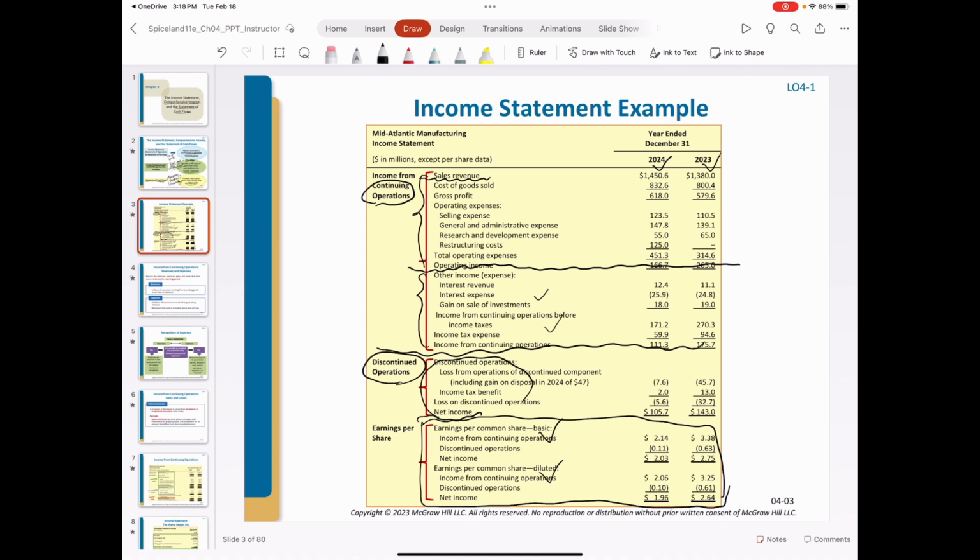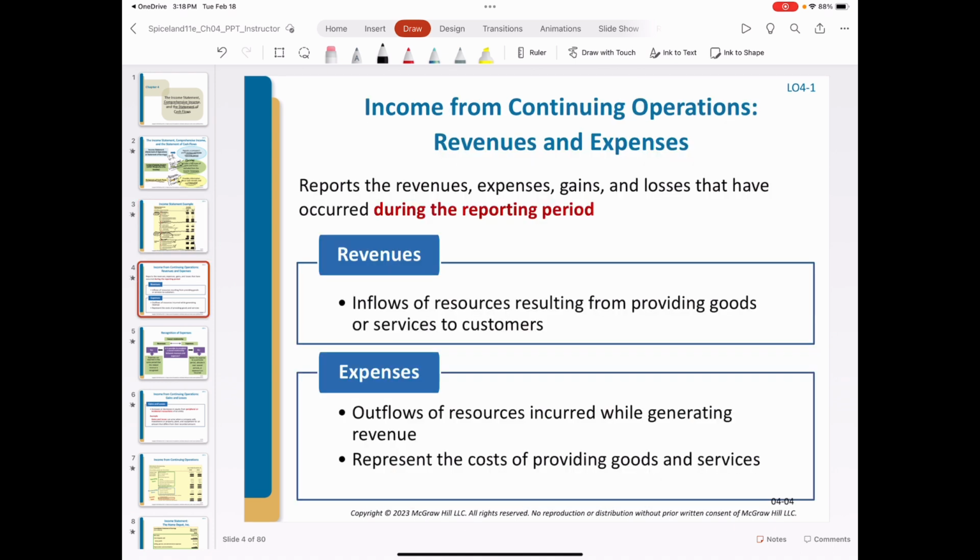While income tax expense cannot be avoided to the different governments, the local government, federal government, state government, or even foreign governments.